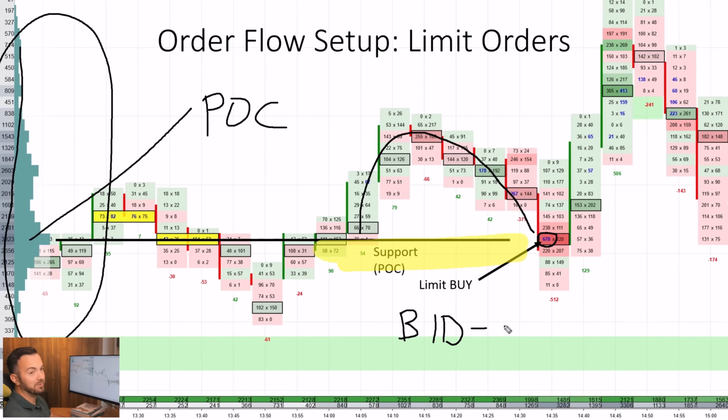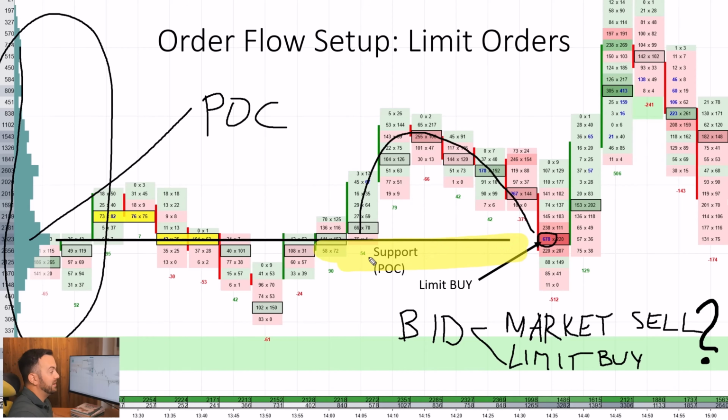And again, you need to think, is this a market sell or is it a limit buy? Well, since the price reached a support, it's not very likely that somebody big would go short at a support, right? So it's more likely that somebody big was waiting with a limit order at this support, a limit buy order.